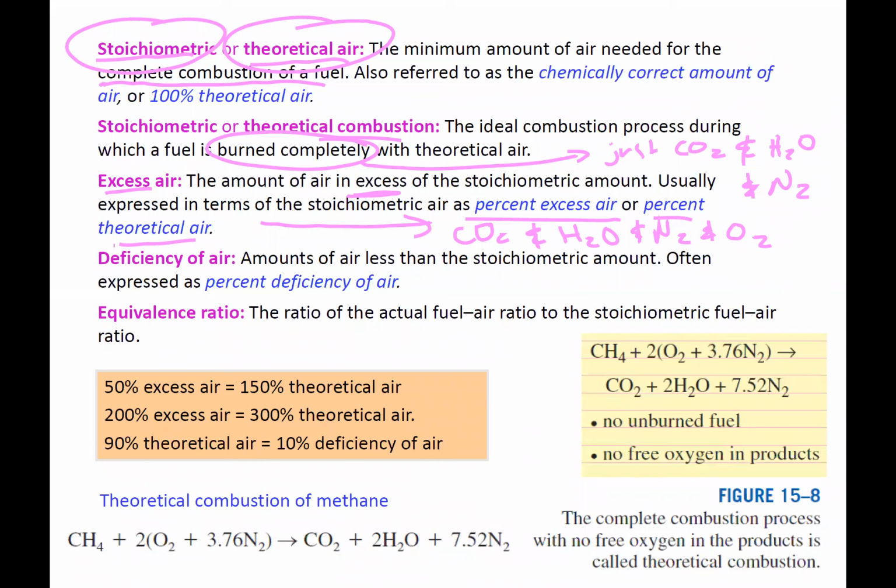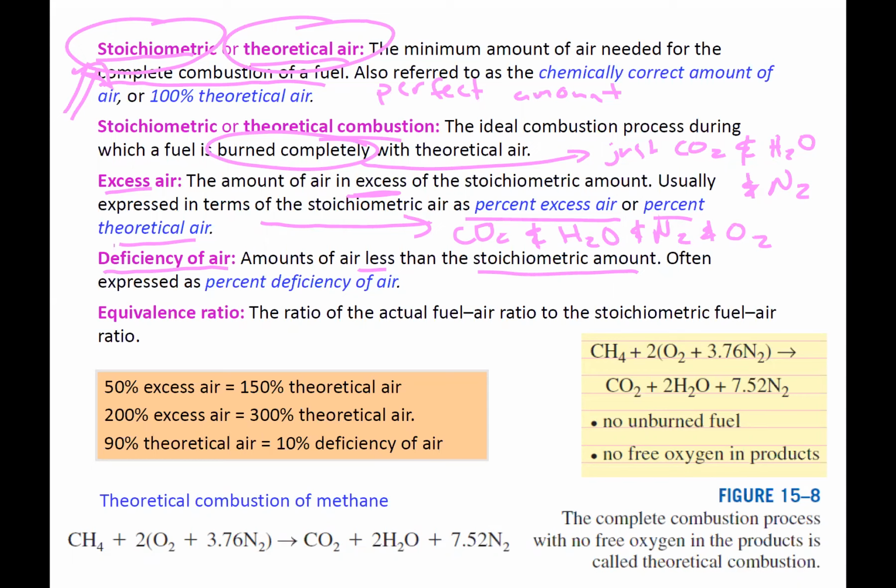Now if you have less than you need, you have a deficiency of air. That's less than the stoichiometric. Remember, the stoichiometric is the perfect amount, right? So this is our perfect amount. Deficiency means we're not giving it enough oxygen, so it has more fuel than air.